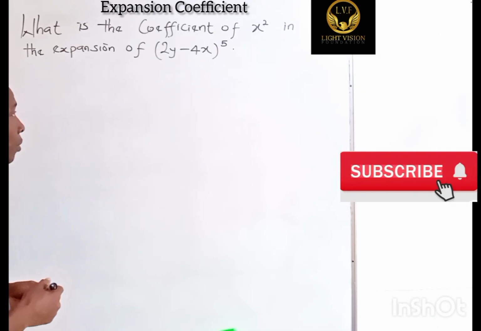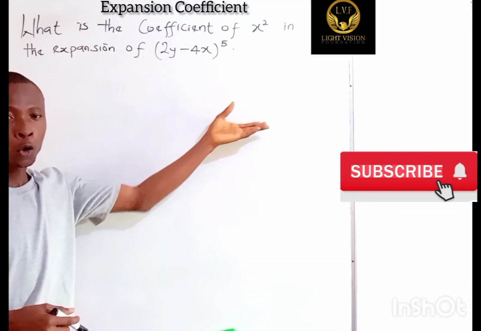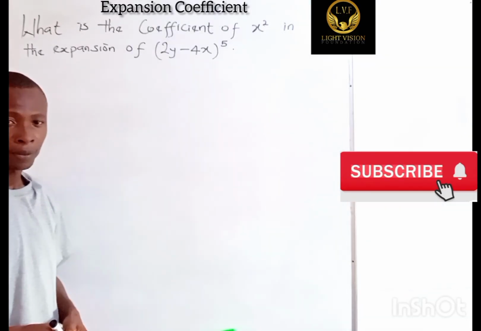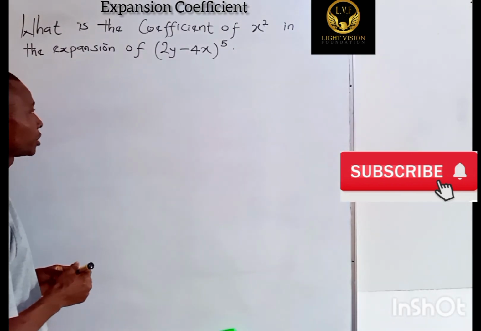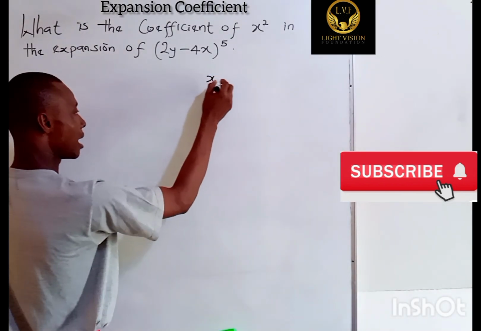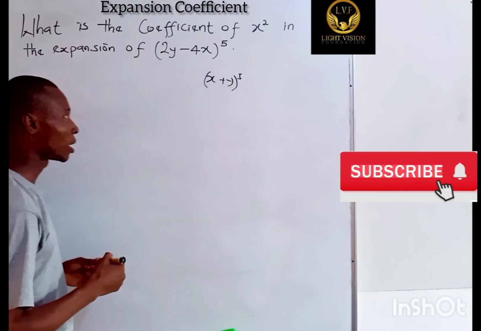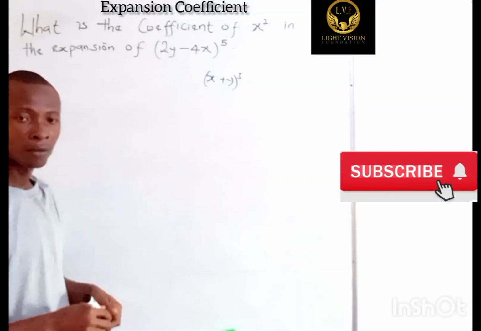So here, you don't expand all the terms, you only focus on where you have x^2. Now we still use the coefficients of (x + y) raised to the power of 5, because our question is to the power of 5.